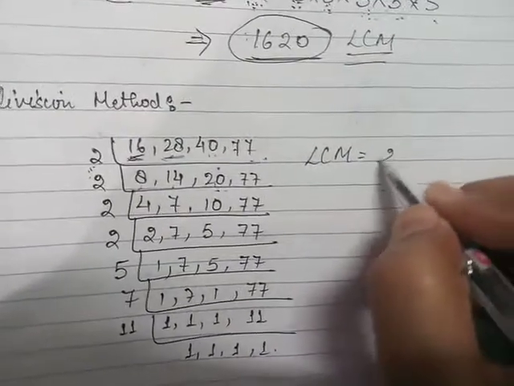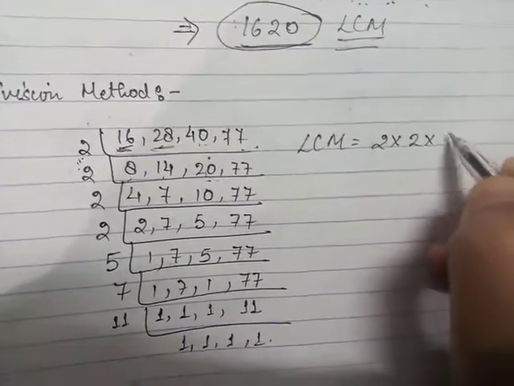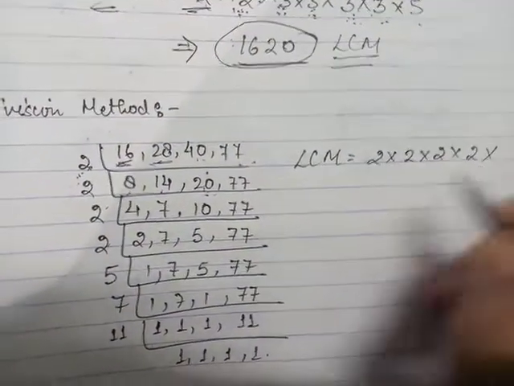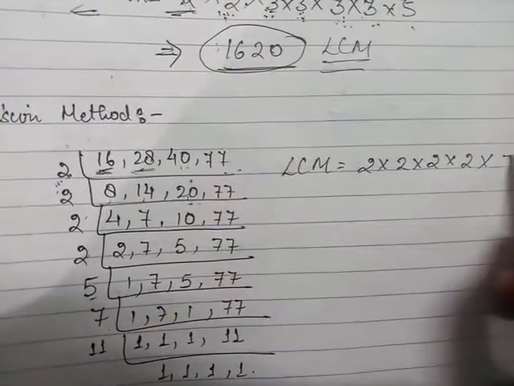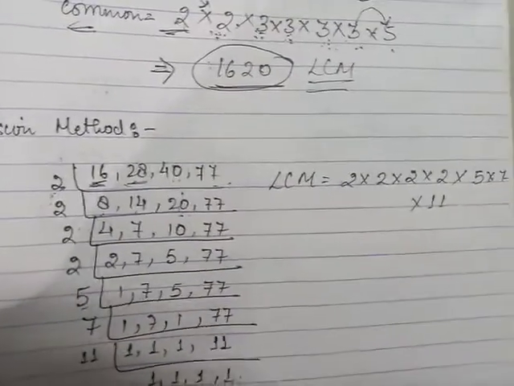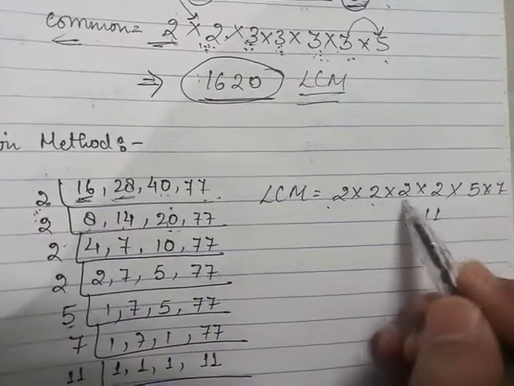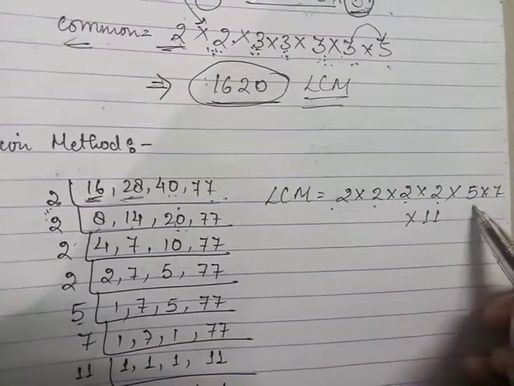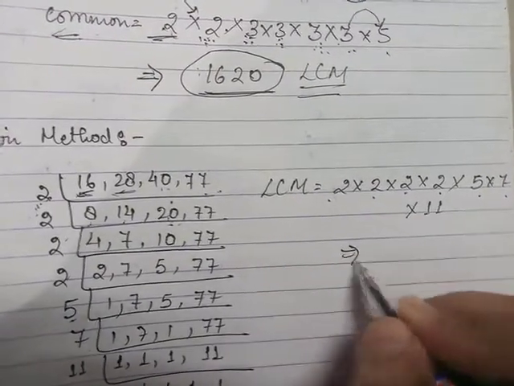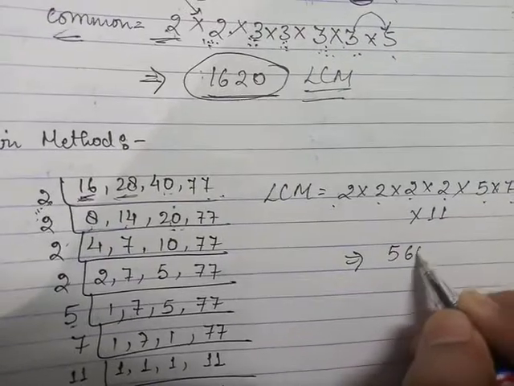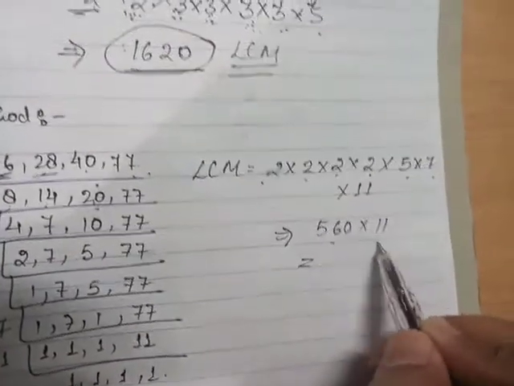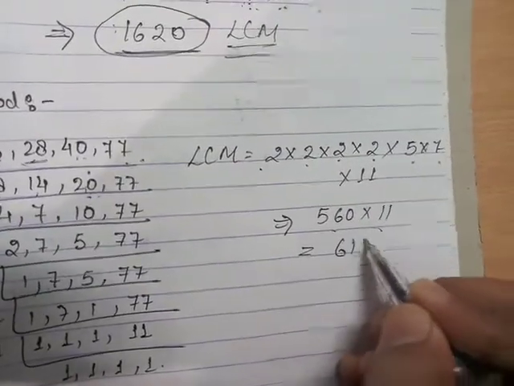Now we will multiply each and every factor: 2, 2, 2, 2, that is 4 times 2, multiply 5, 7, 11. So our answer will be: 2 2s are 4, 2 is 8, 2 is 16, 16 5s are 80, 80 7s are 560, 560 multiply 11 will give 6160.